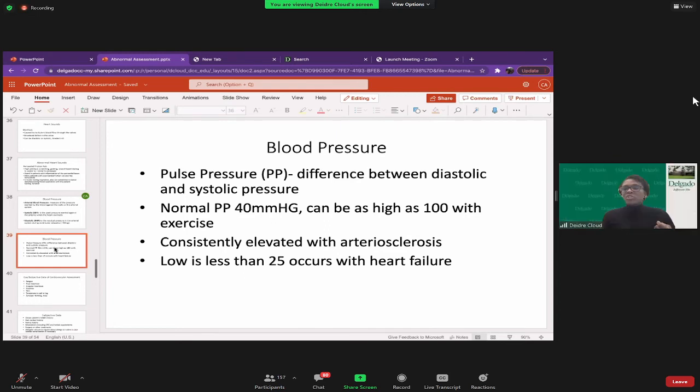You want to know when it started, does it radiate, what makes it worse, what makes it better? What does it feel like? Is it aching, dull, or throbbing? So you want to ask all those questions. You want to ask if they do any heavy lifting. So we want to try to see if it even is cardiac related. Maybe they lifted a big sofa and they'll call it chest pain, but in actuality, it might be costochondritis. So we need to evaluate that chest pain further.